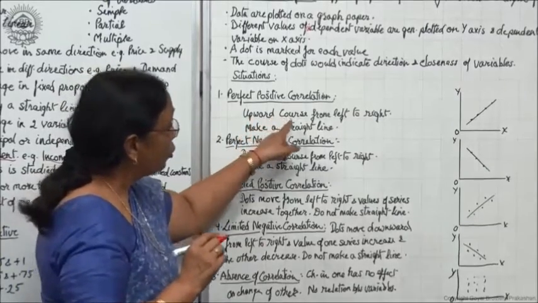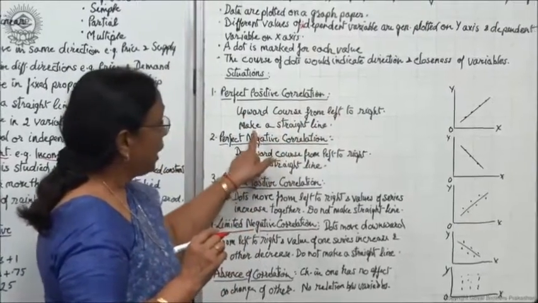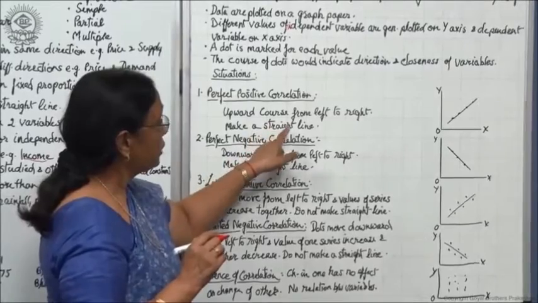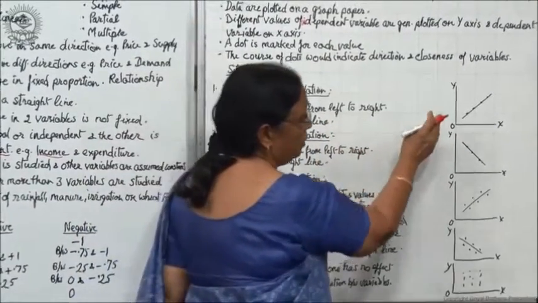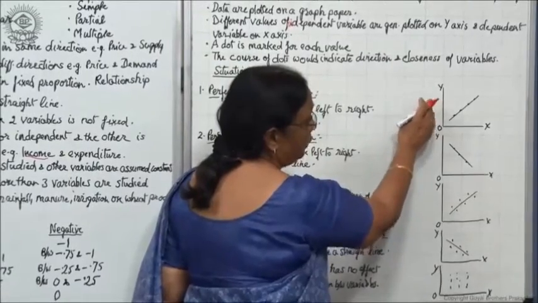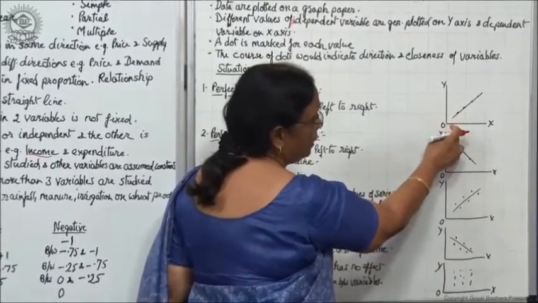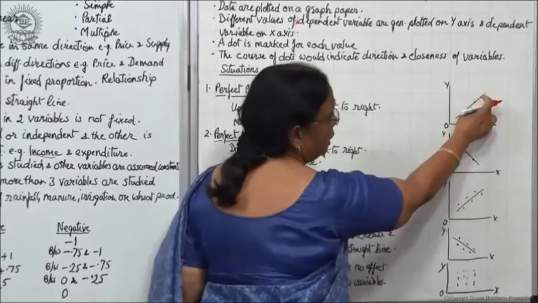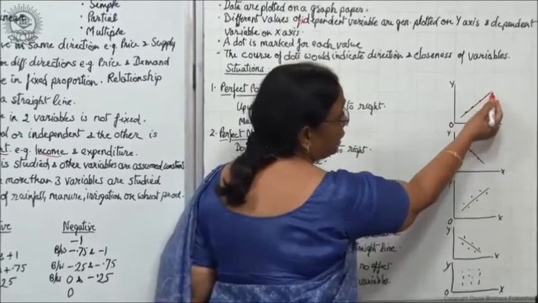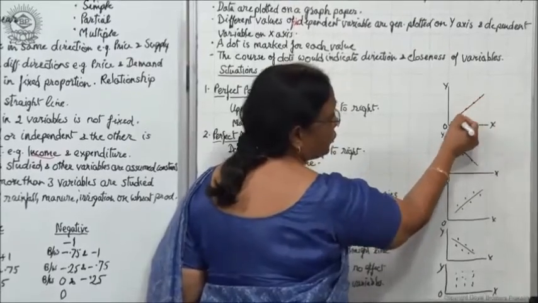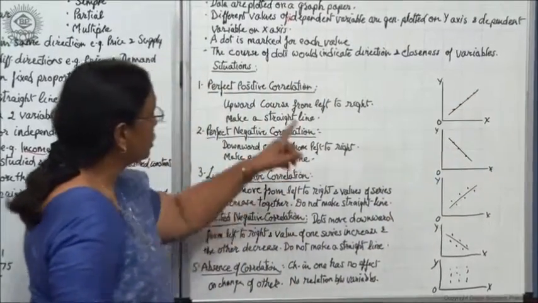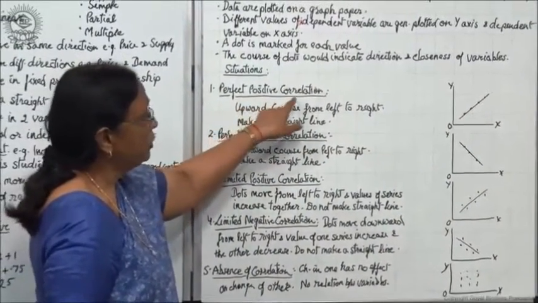Now here it goes upward from left to right and the dots make a straight line. When you plot on the graph paper between 2 variables, you get the points, and when you join the points you get a straight line, then this shows perfect positive correlation.